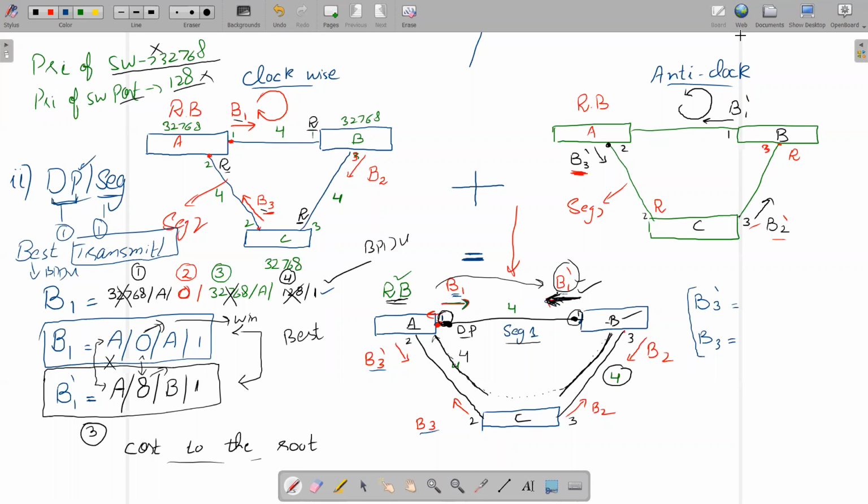What's the reason? Ayman Sultan, just look into it. Is it B3 or B3 dash? Okay, okay, fine, fine.